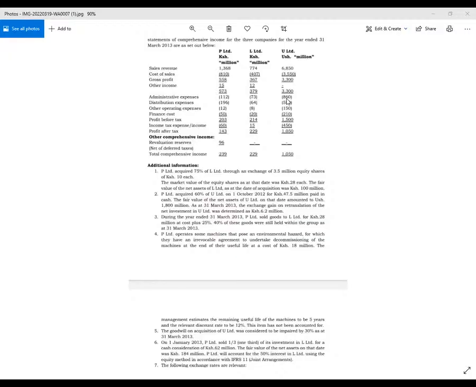The figure that I'm able to see there comfortably is 150. Then I have the finance cost, a figure of 210.